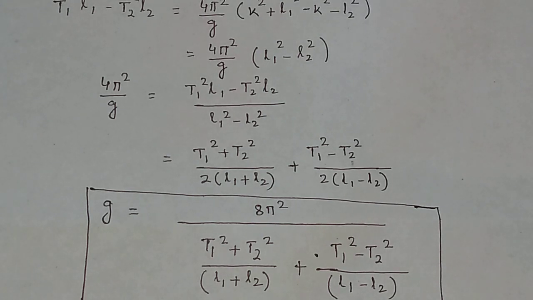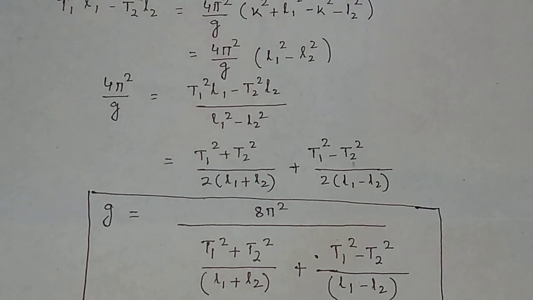But to find out the acceleration due to gravity in case of Kater's pendulum, it is a very easy method. That is why, while calculating the acceleration due to gravity at different places in the laboratory, we use Kater's pendulum instead of the bar pendulum.